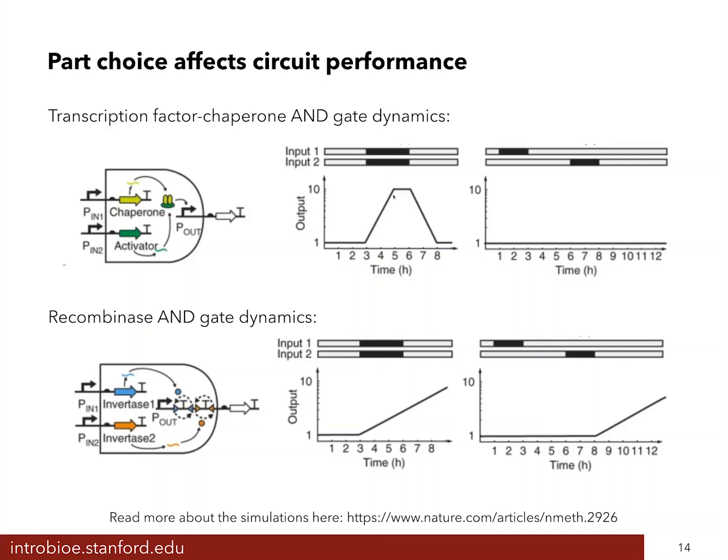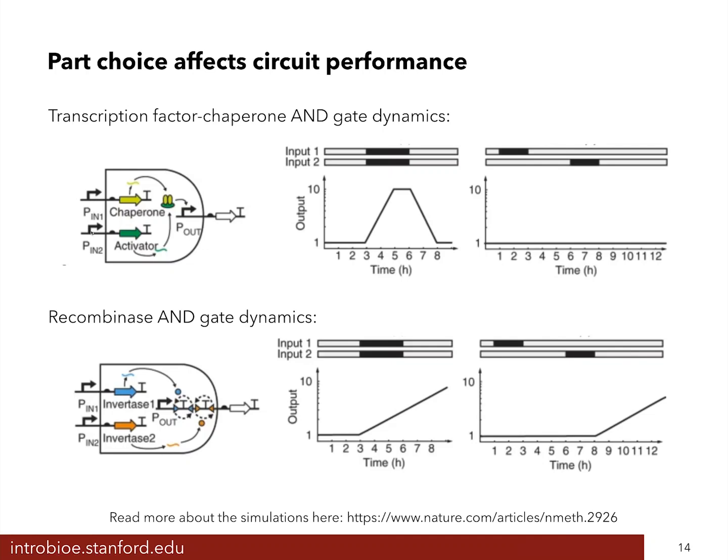What do I mean by that? Well, it responds dynamically to changes in these things. If you have input 1 and input 2 pulsed into your system over time, let's say you have a bacteria living for 3 hours, and then you add inducers, both the tetracycline and the arabinose.